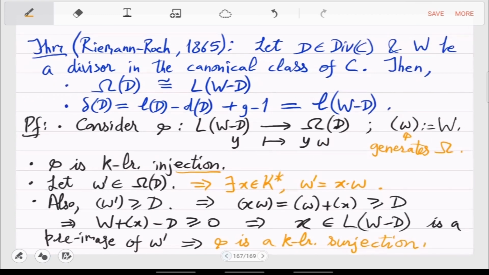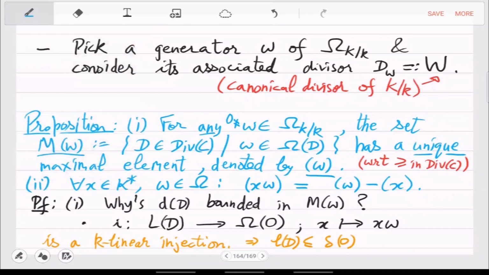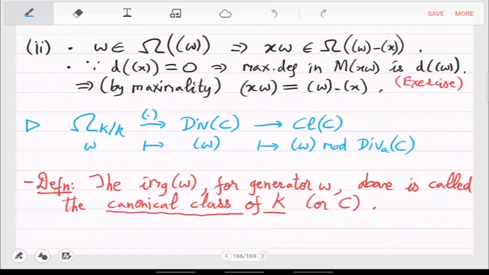Is this consistent with earlier? No, it's not consistent. That has to be made plus. This has to be made plus. Yeah, so this has to be checked by definition.